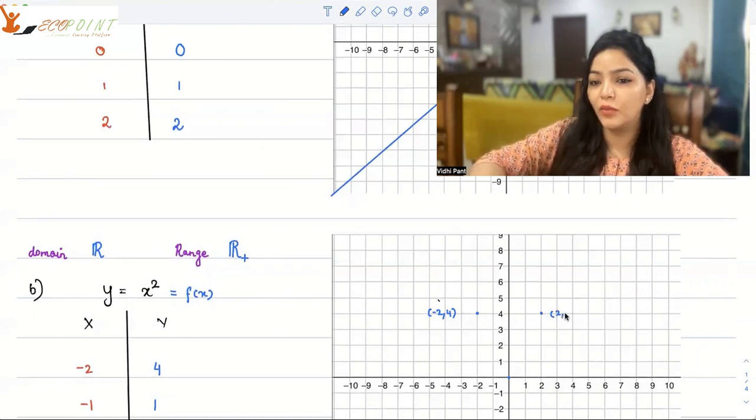So this is the point that we are talking about on the Cartesian plane, (2, 4). For -1 input, the output is 1. For 1 input, the output again is 1. So it's going to be something of this sort. Now let's try joining these points and we will realize what the shape turns out to be.